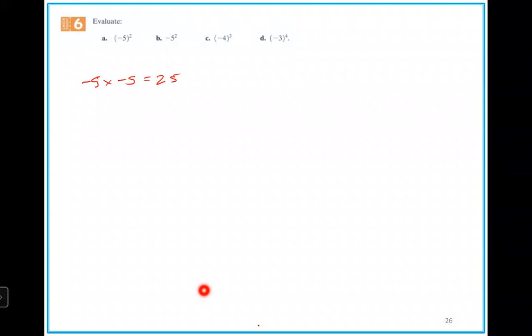Okay, Miss Nairn, what about B? For B, I did 5 times 5 equals -25. Okay, so it really should be like this. The negative comes out. Okay, so that's equal to -25.